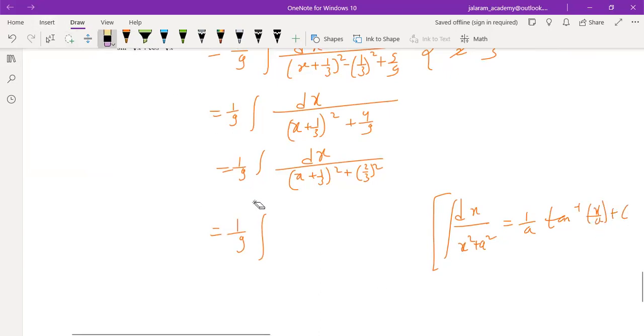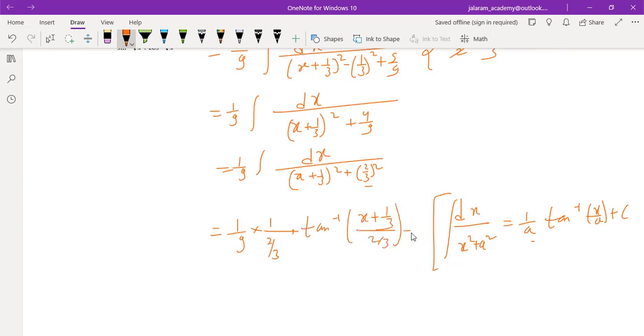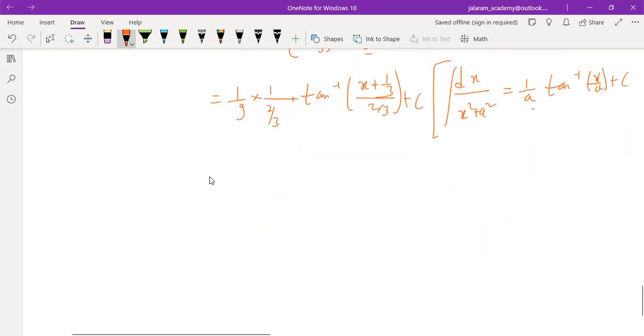So we can now write 1 upon a. What is the value of a? It is 2 by 3, into tan inverse x by a plus c, equals 1 upon 3, 3 2 is 6, 1 by 6 tan inverse.